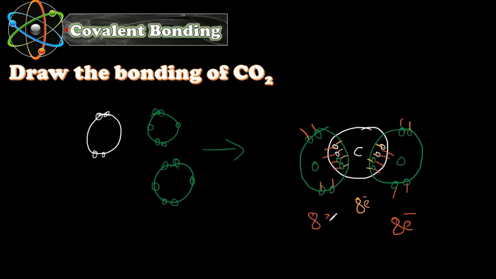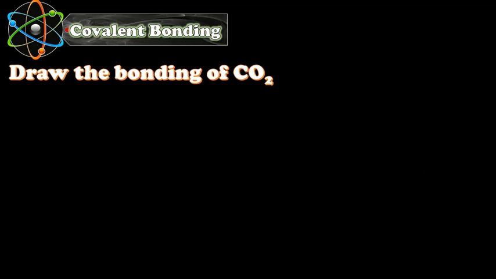Also has 8 valence electrons. Now everyone has 8 valence electrons. If I want to know my answer is right, it is when everyone has a full valence shell. This has 8, full valence shell, and this has 8. So my drawing is correct because everyone has 8 valence electrons.